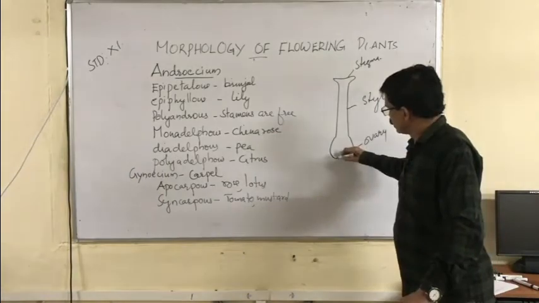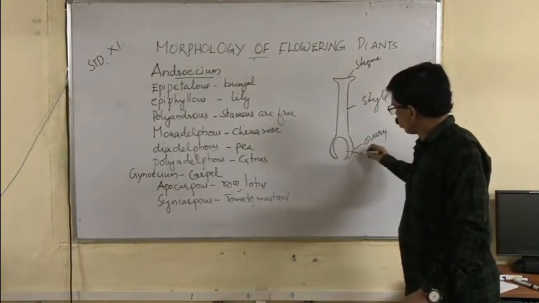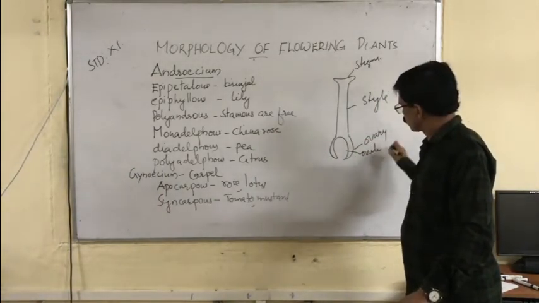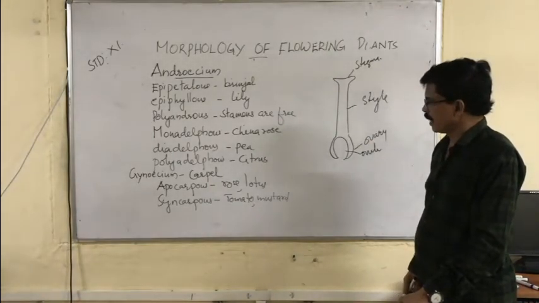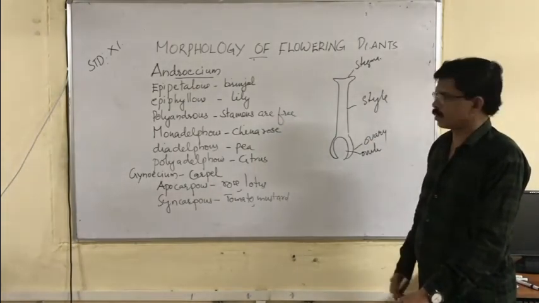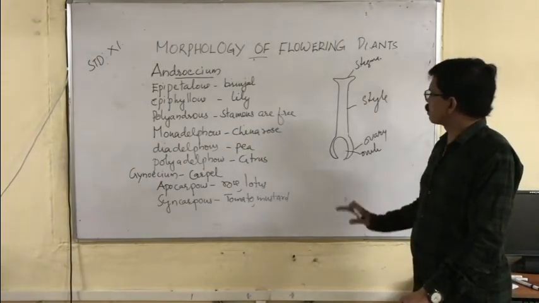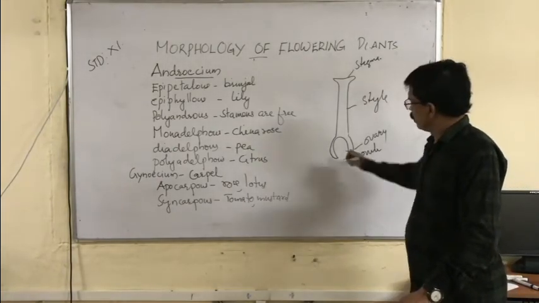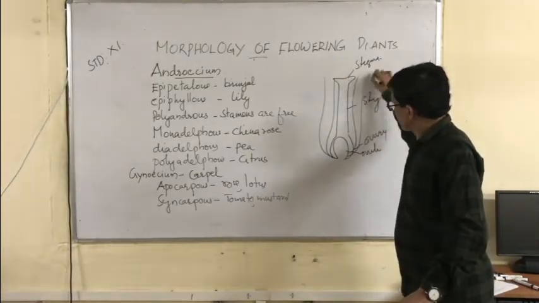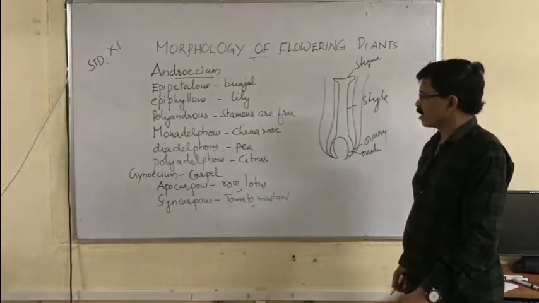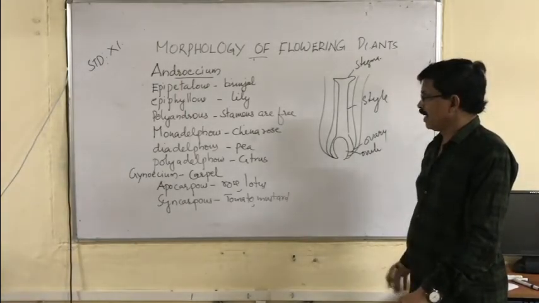Now, the ovary is the main region that contains the ovules inside. In some flowers, you can see more than one carpel.